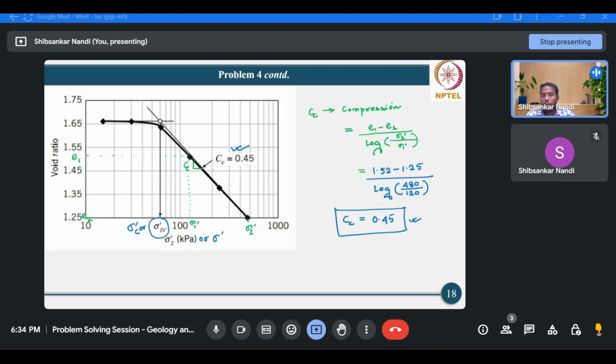Now, as you can see from this plot, what is the value of the pre-consolidation pressure of the given soil?